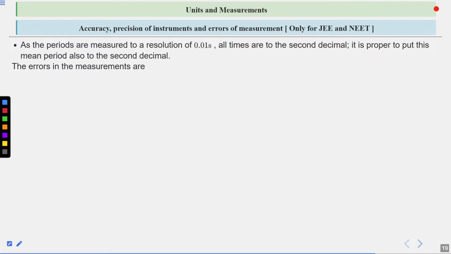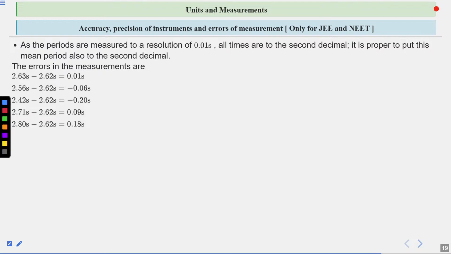So the errors in the measurements are: 2.63 seconds minus 2.62 seconds is equal to 0.01 second. Similarly, 2.56 seconds minus 2.62 seconds is equal to minus 0.06 second. 2.42 seconds minus 2.62 seconds is equal to minus 0.20 second.